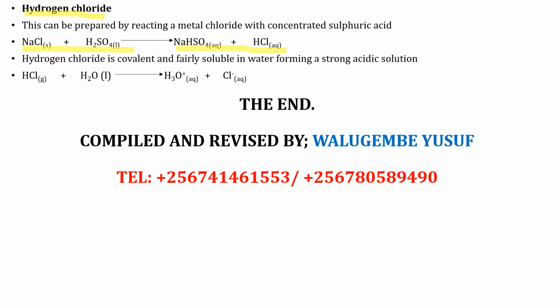Hydrogen chloride gas reacting with water is going to give us hydroxonium ion. This is called a hydroxonium ion plus the chloride ion. So always remember that and never forget.